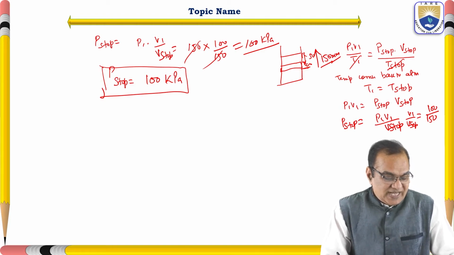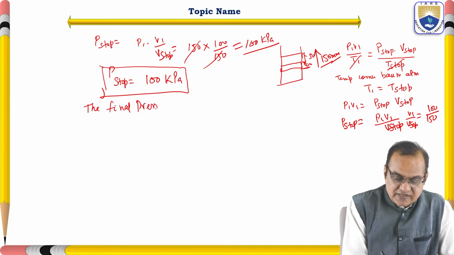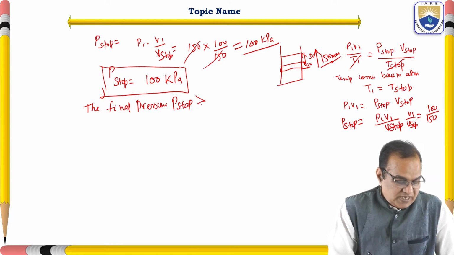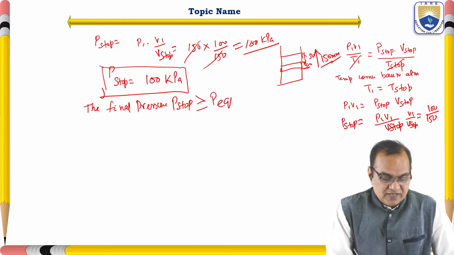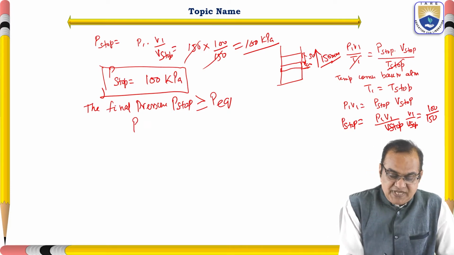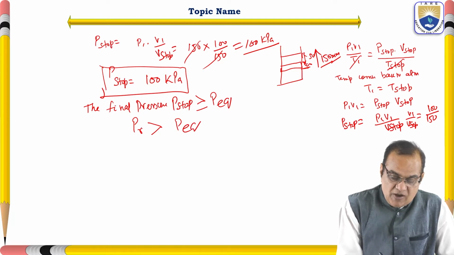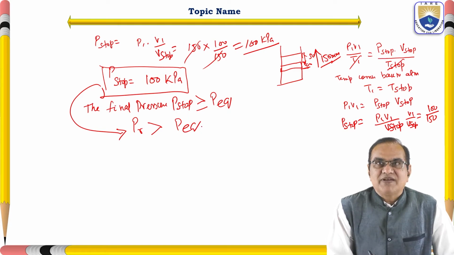But we know that the final pressure which we got, that is the P stop, should be greater than or equal to P equilibrium. So here we see that the pressure is less than P equilibrium.